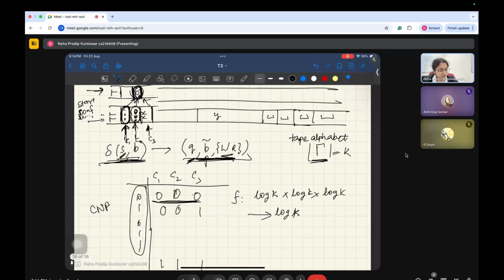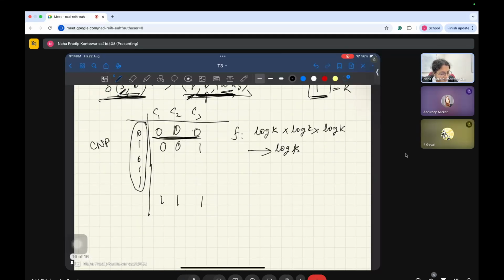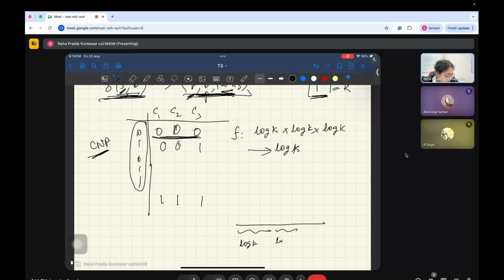So that can also be represented by log k bits. So what that means is, instead of just this one CNF, we are actually looking at log k, log k, log k, 3 log k inputs and producing log k outputs. I'll call them y1, y2 up to y log k, where each of them is actually a function like this.